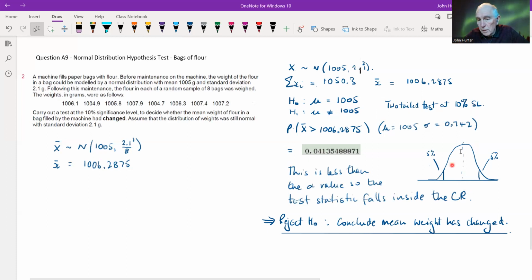So if this is our sampling distribution here, the middle of this will be 1005, and these are our tails. These will be our critical regions. What we want to do is find the probability that we've got a value as extreme as 1006.2875.